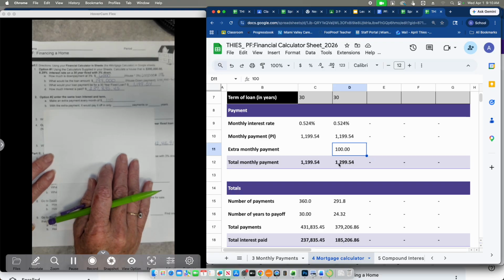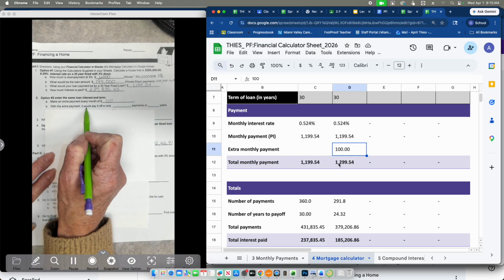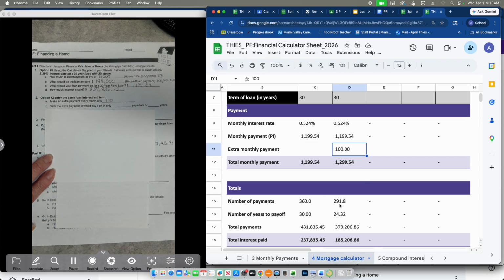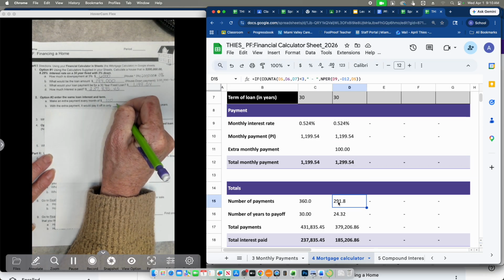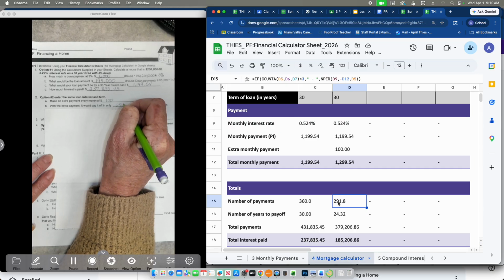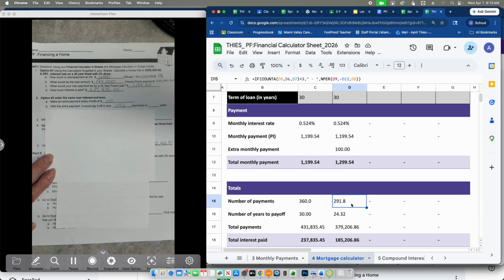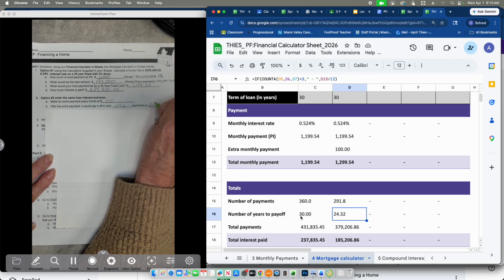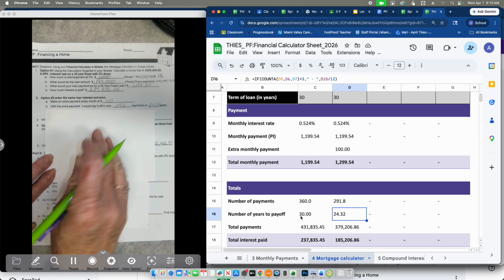But my main concern is with the extra payment, how long would it be paid off in number of payments? Well, if we go down here, instead of 360, we're going to pay it off in 292 payments. It's 0.8, so obviously that's going to go to another payment. How many years? Years is going to be 24.32.